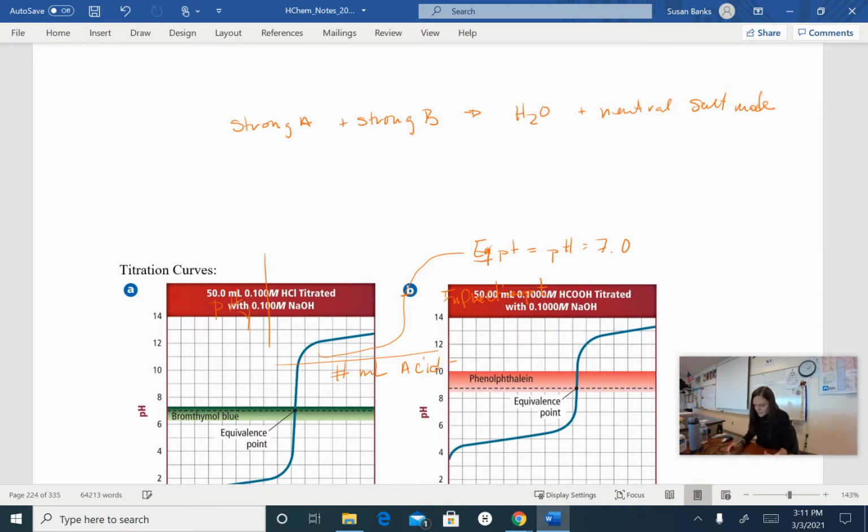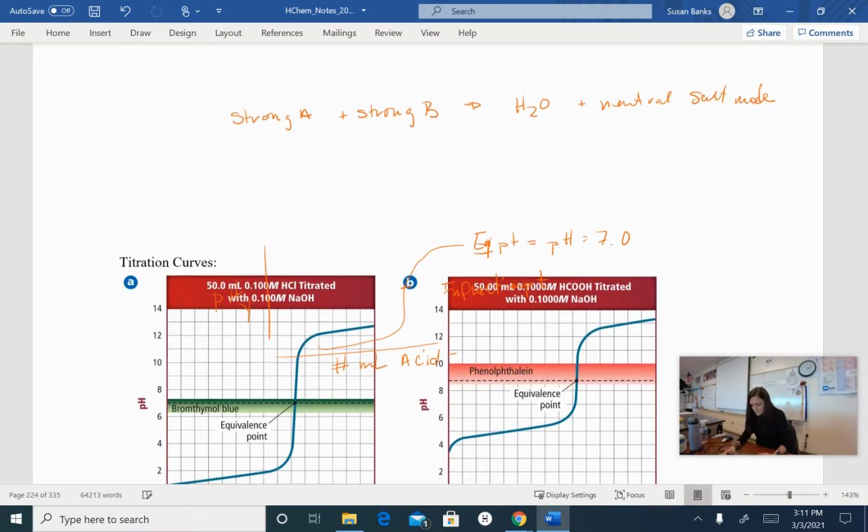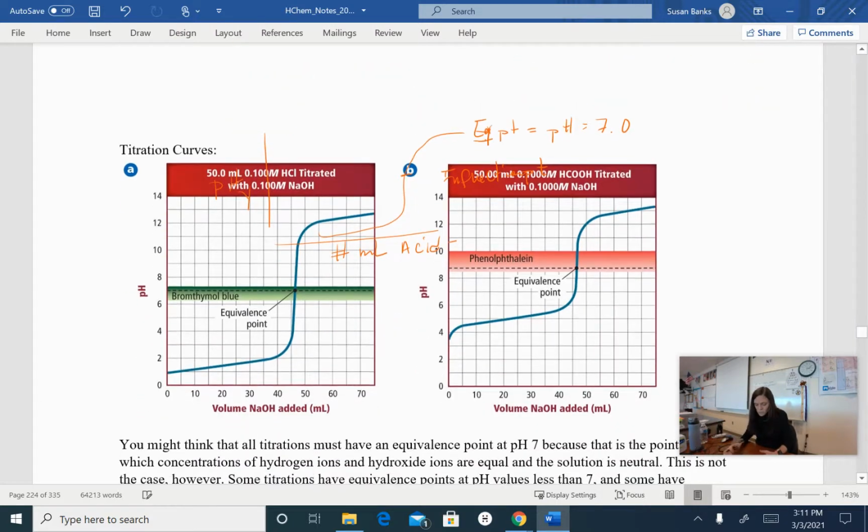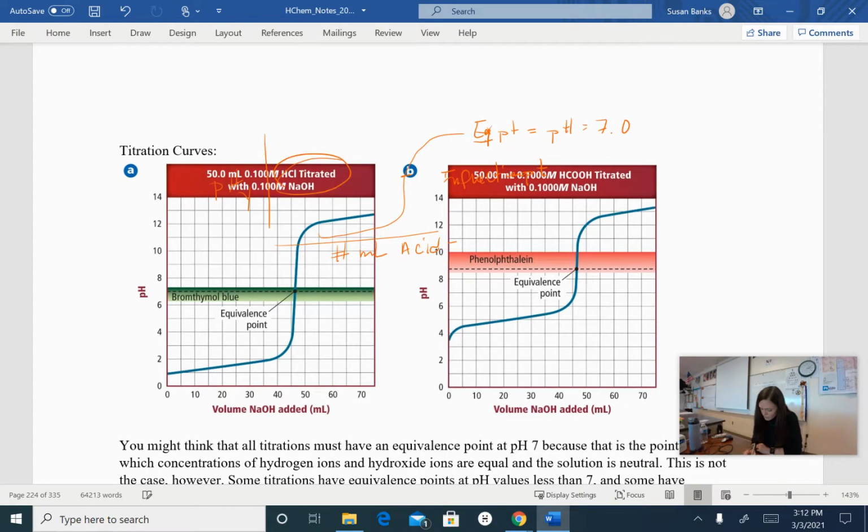Okay, a lot of times we will just look at the middle of that really steep area. So here's strong acid and strong base, that inflection point is right at the pH of 7. Okay, that's what we would expect in neutralization, but that doesn't always happen.